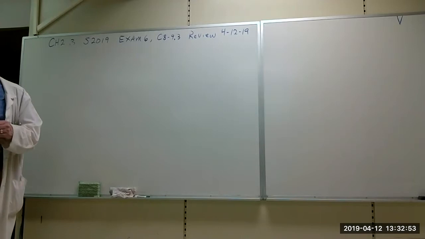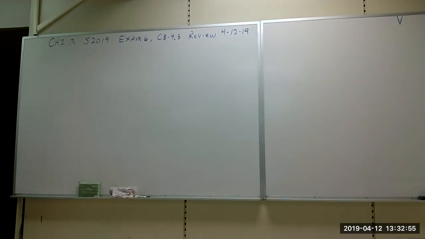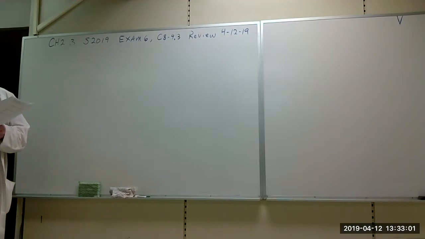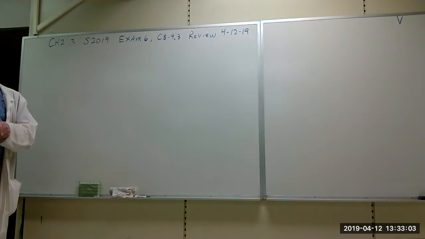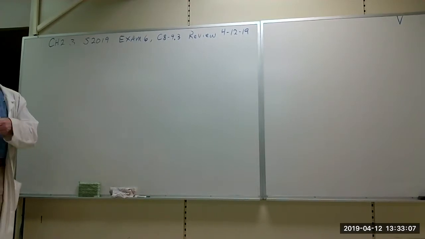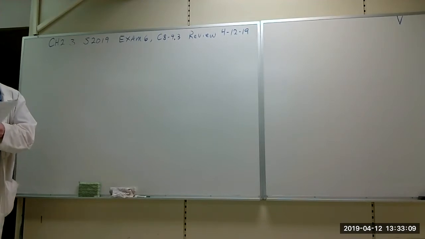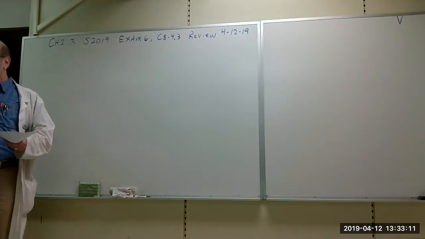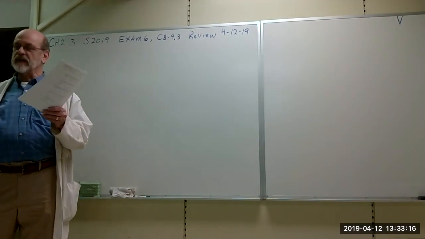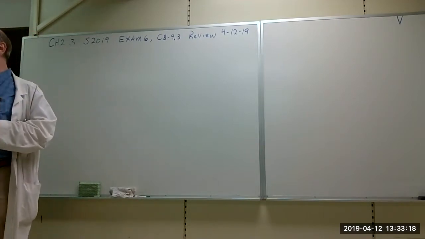Ooh, we talked about resonance, didn't we? When you have more than one possible Lewis dot structure and they're equally valid, in other words, their formal charges are virtually the same, but you have more than one structure, then the way the localized electron model deals with that is through resonance.